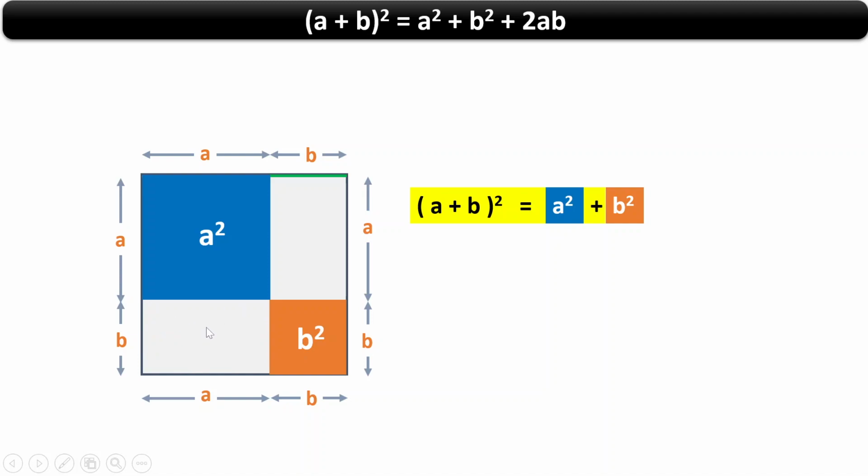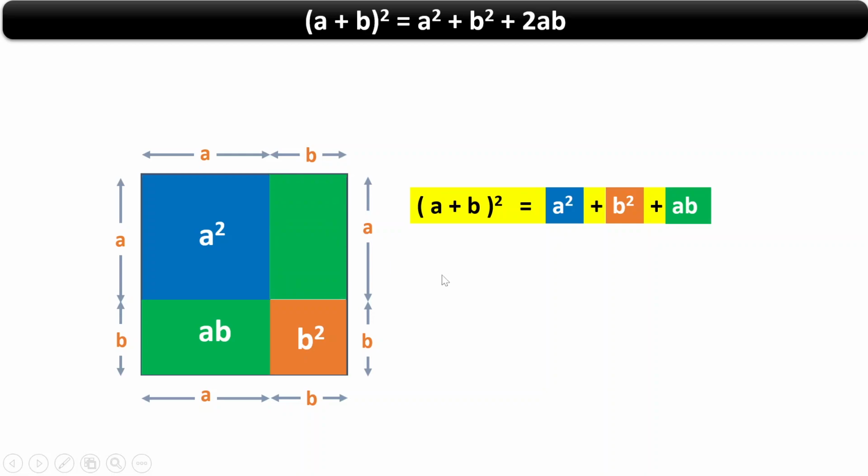What's the area of a rectangle? Length into breadth. So here b into a, it's nothing but ab. Let us add that as well into our formula: ab. The remaining portion is this area. The length is b and the breadth is a. So a into b, ab. We got another ab. Let us add this one.